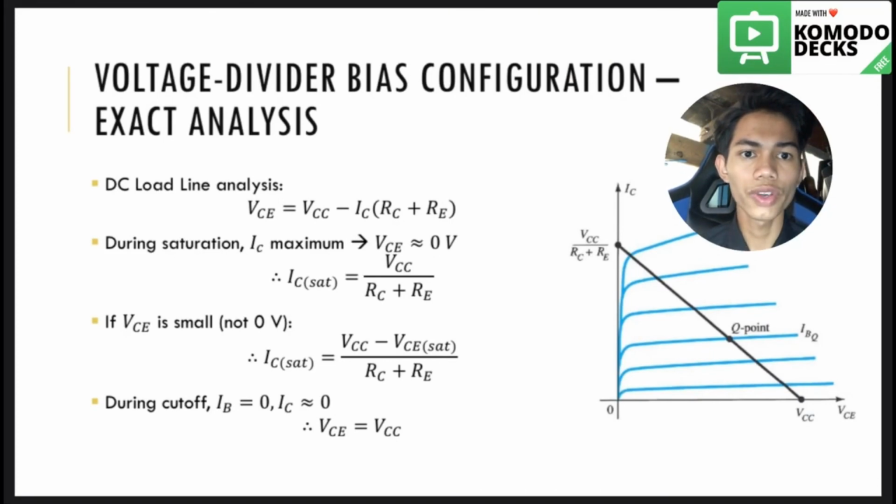Voltage divider bias configuration exact analysis. DC load line analysis. During saturation, if VCE is small, not 0 volt, we can use this formula. And during cutoff, IB is equal to 0.